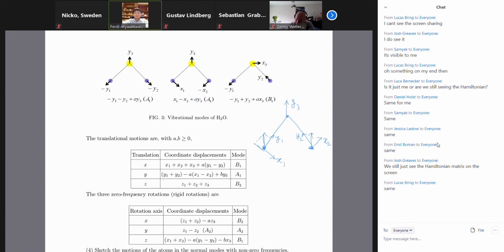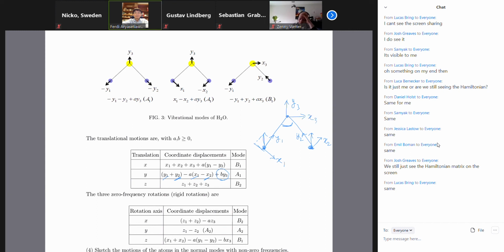For the second hydrogen atom, both are positive, x2 and y2. And this coefficient A is just some positive number because it depends on the angle, the ratio between the x and the y. And for the oxygen atom, it's just y3 because it moves along the y direction, perpendicular to x3.